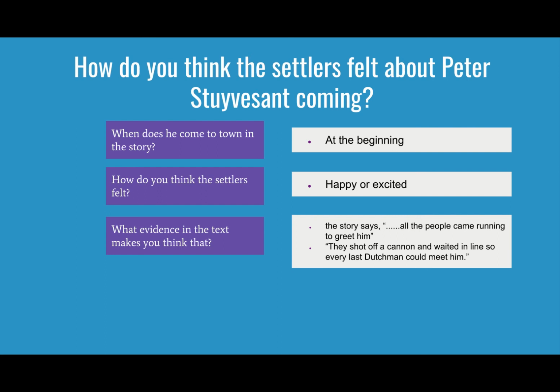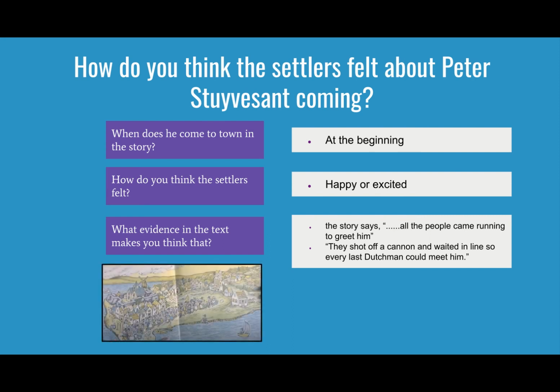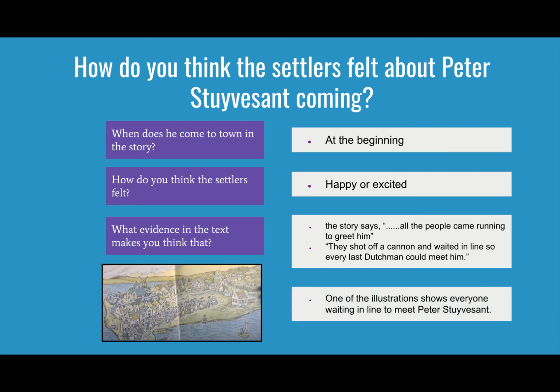So those would be some examples to back up why the students thought they were happy or excited. Also, at the end of that, there's a picture showing the whole town waiting in line, coming to meet him. So one of the illustrations shows everyone waiting in line to meet Peter Stuyvesant.